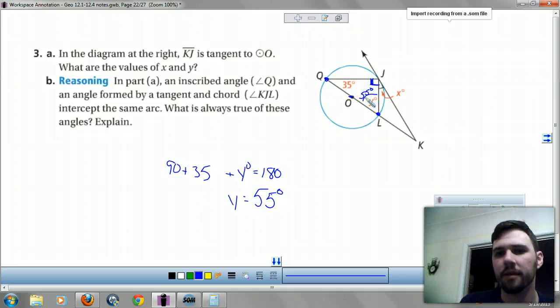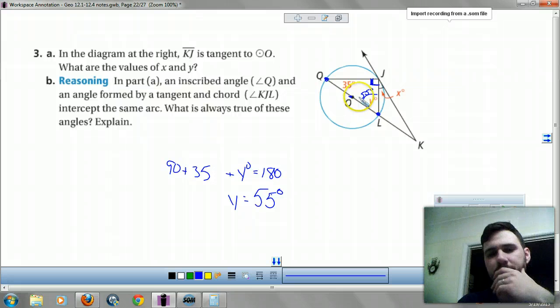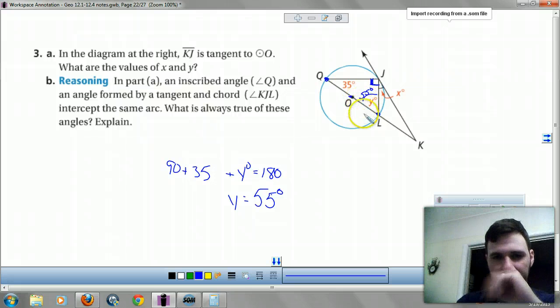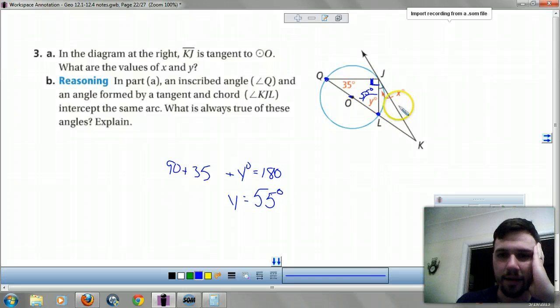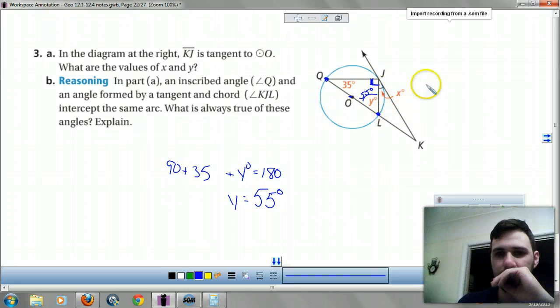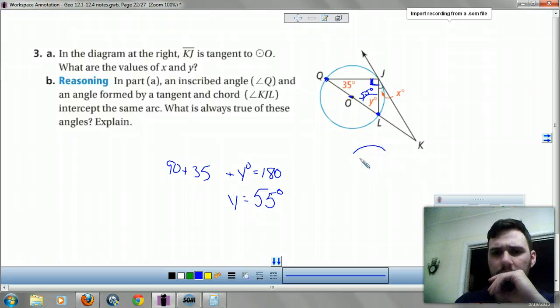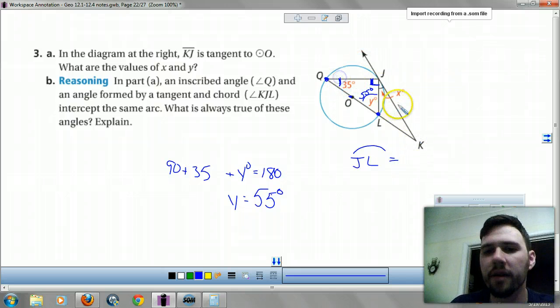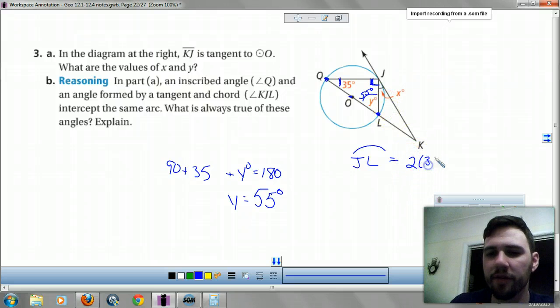So now I have y. How do I find x? How am I going to do this? This is crazy. Well, let's find arc JL. If this angle's 35, what do I know about this arc? Well, it's going to be 2 times 35, which is 70.